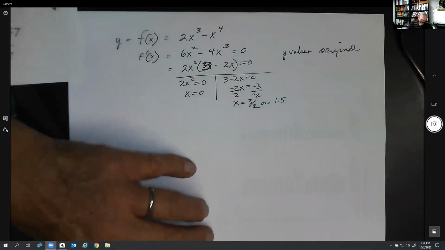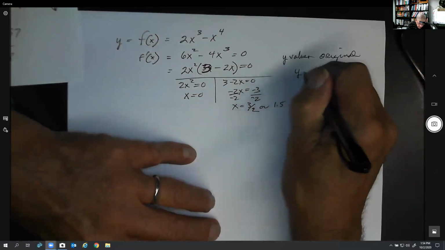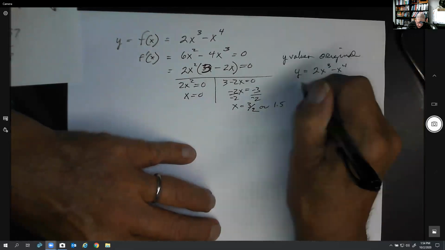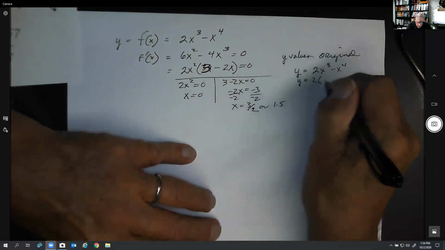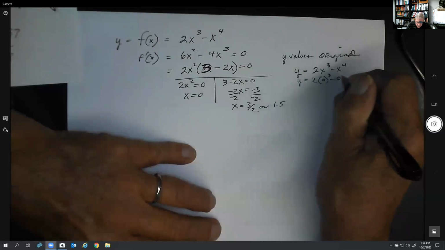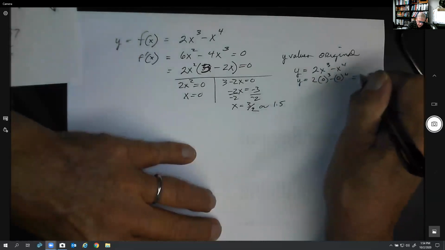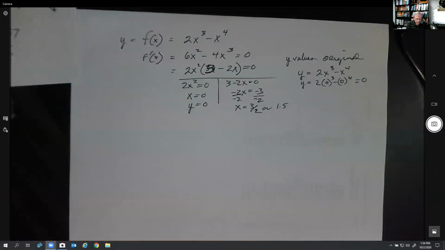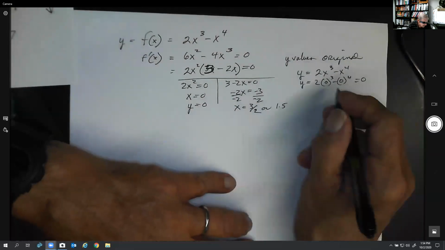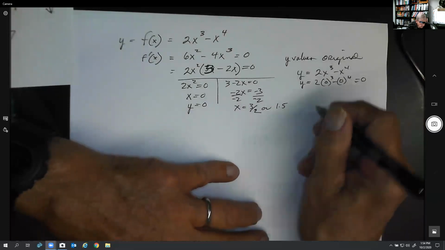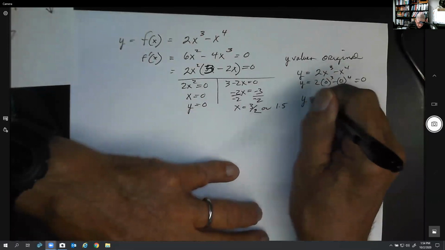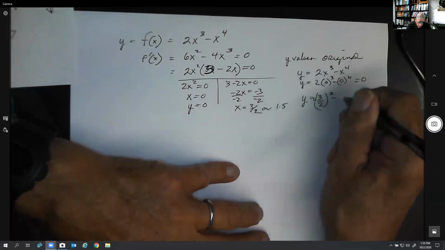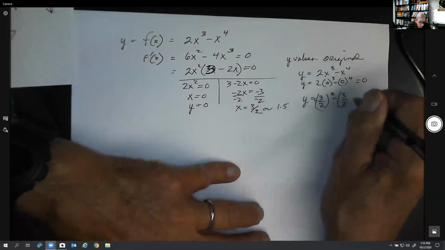So here we have y equals 2x cubed minus x to the fourth. We're going to put in a 0. And we see that's 0, so the y value is 0, giving the point 0, 0. Then I put in 3/2: y equals 2 times 3/2 squared minus 3/2 to the 4th.